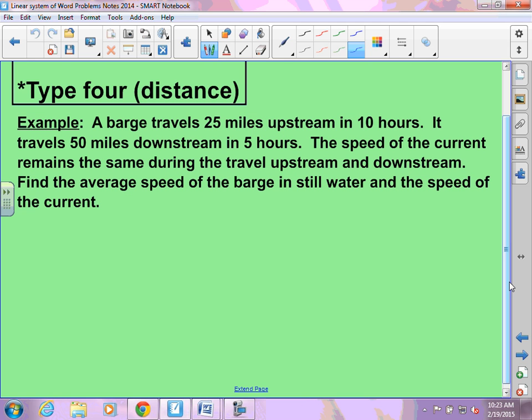All right. So what we're going to do first of all is we're going to come up with an equation, and this is the one that you're going to use to find the rate first of all. So D equals RT. And I know that D stands for distance.